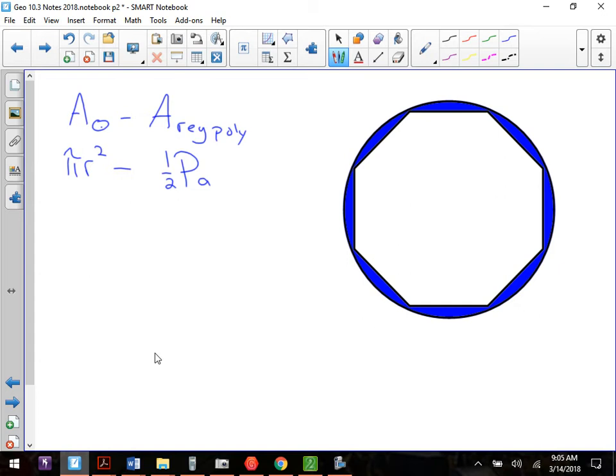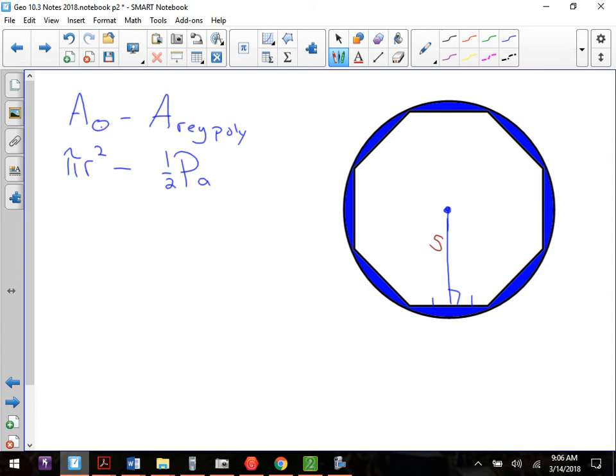So let's say we have our center. Here's our apothem, perpendicular to the sides. Let's say in this case we have an apothem of 5. I don't think we've done one with an apothem in a while.